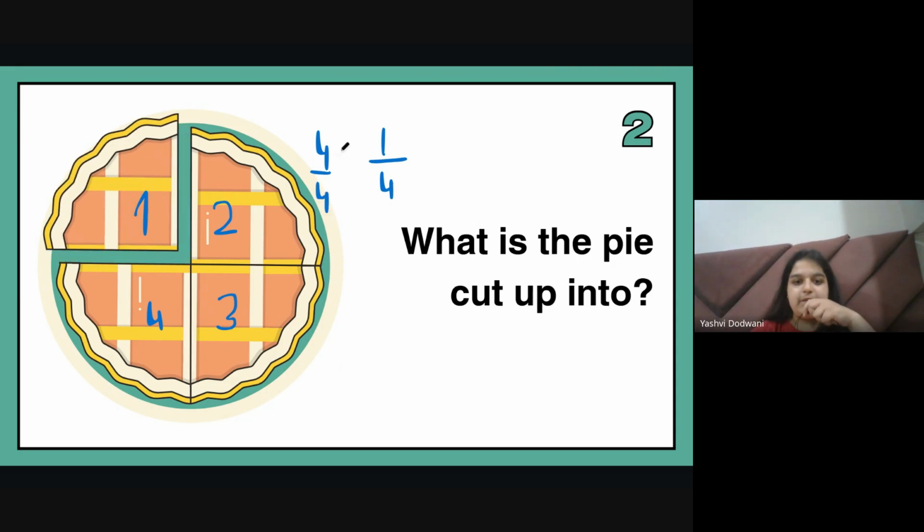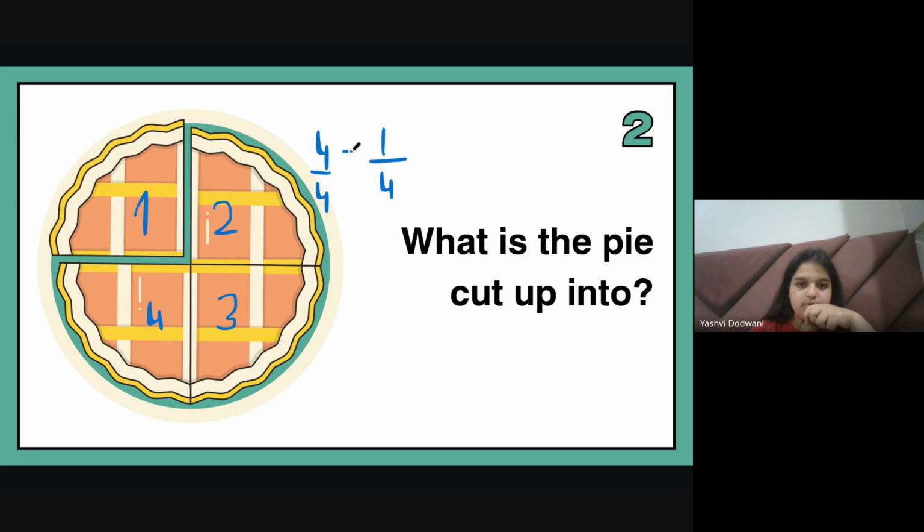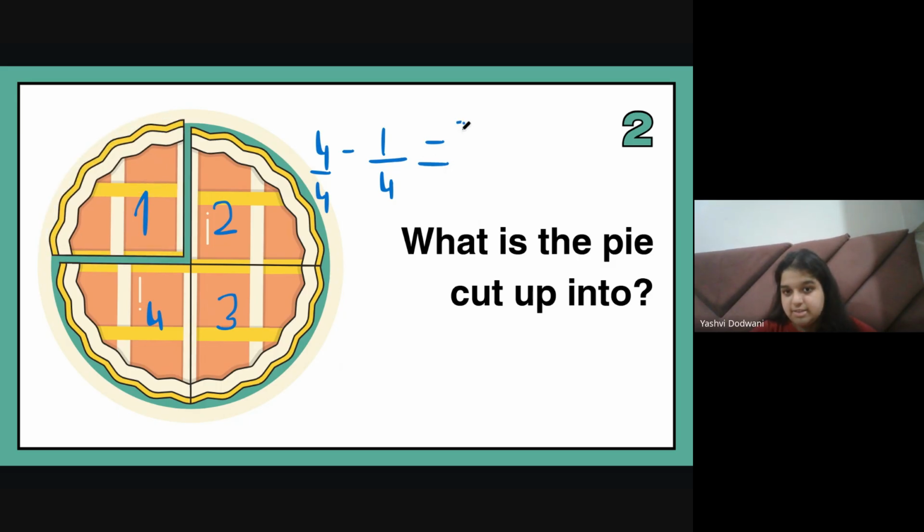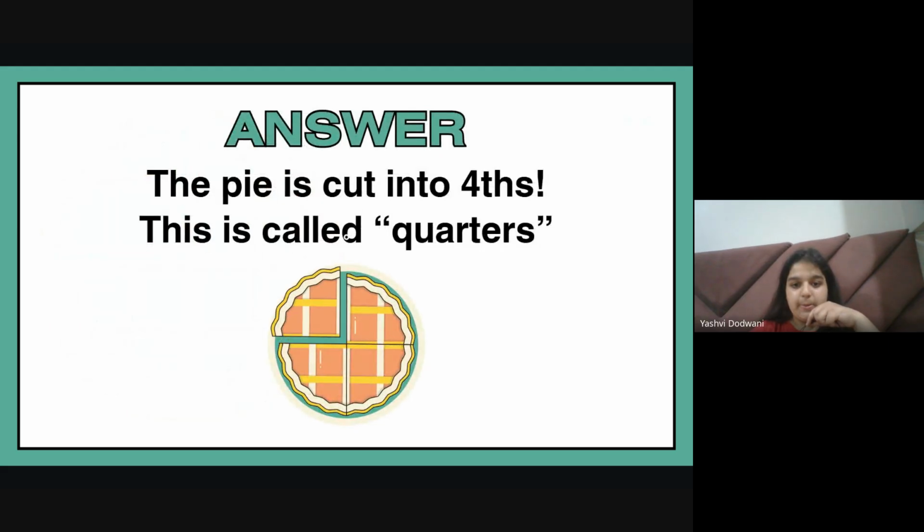When we subtract one slice from all the four, we get 3 by 4. So the fraction that is left would be 3 by 4. Next question. Also, the four parts are also known as quarters.